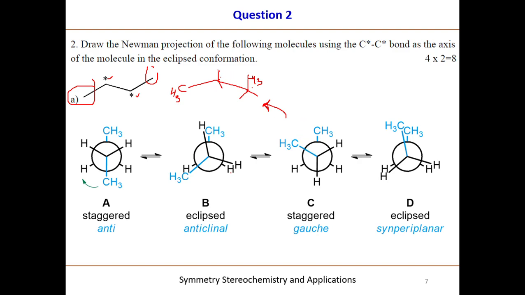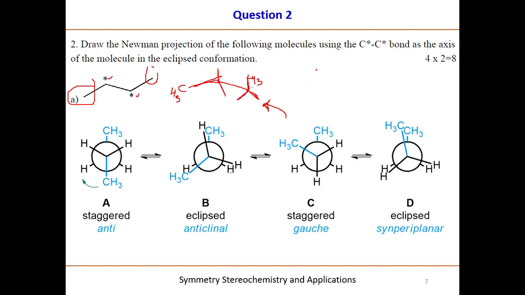Because you can see this upside atom is parallel to this upside atom, and this downside atom is parallel to this one, and this one will overlap this one. All the three atoms are overlapping on each other. That means the inclination angle between them is 0.